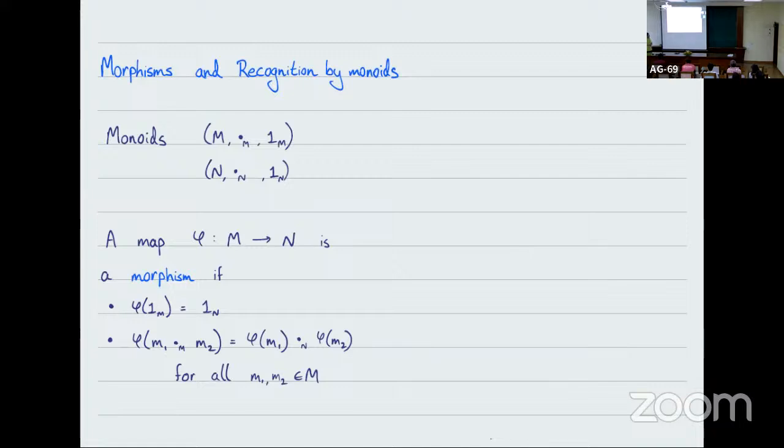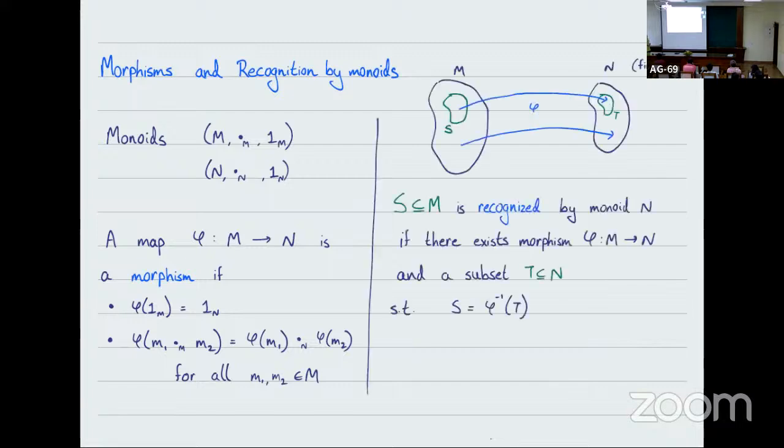A morphism is a map between two monoids that maps the identity of the first monoid to the identity of the second monoid, and it basically distributes as well. So phi of m1 dot m2 is equal to phi of m1 dot phi of m2 for all m1, m2. So these are morphisms. Now we can finally come to recognition by morphisms.